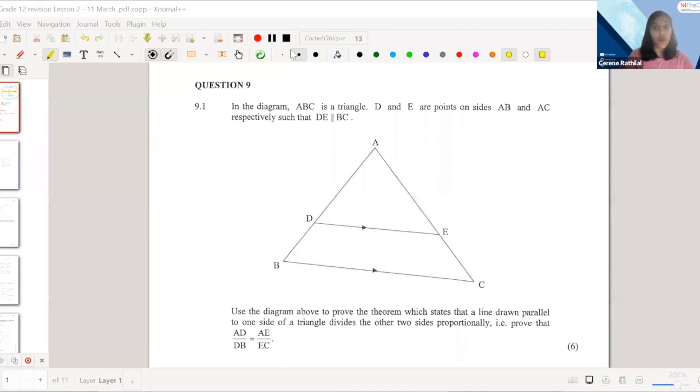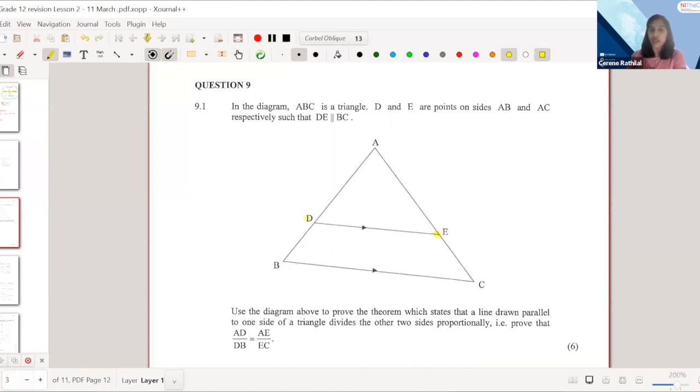I am sure that you've already in some form encountered the following question. You are given a triangle ABC, where D and E are points on the sides AB and AC as indicated by this question. And we're told that the line DE is parallel to the line BC.